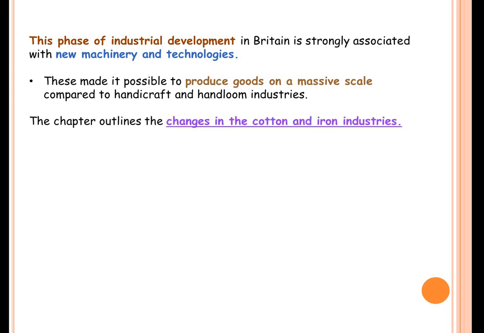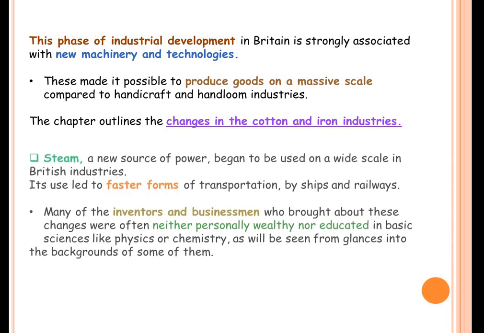This chapter mainly focuses on the changes which took place in the cotton and iron industries. We are going to look into that also.